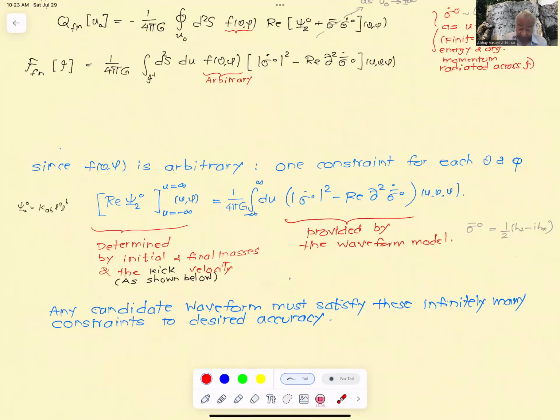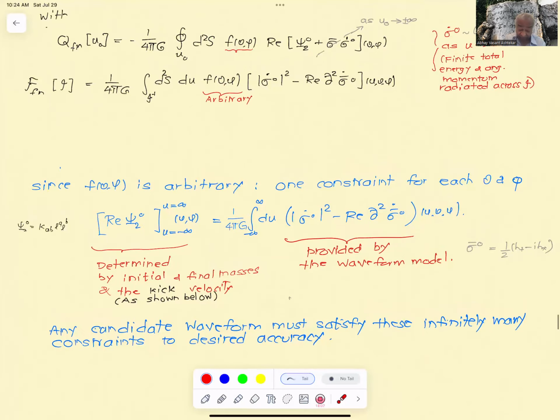Now, since f is arbitrary, we can peel it off, that is, remove this two-surface integral. Because f is arbitrary, I will get an equality between the charges, namely psi 2 at u equal to minus infinity and u equal to infinity, and the flux.